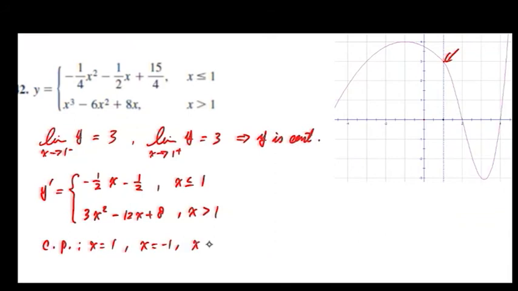Can you look it up and tell me what that is? That's 6 plus or minus 2 root 3 over 3. This is plus or minus.